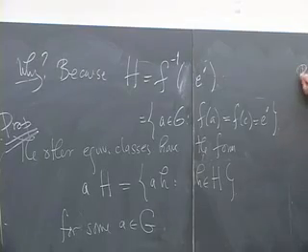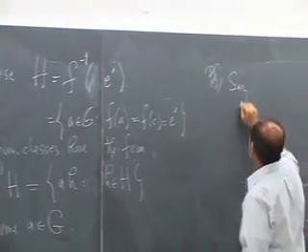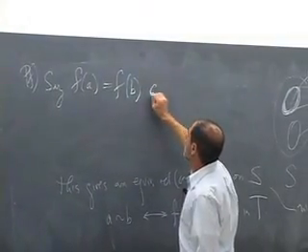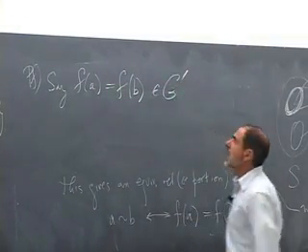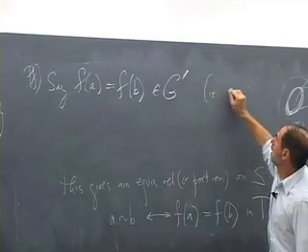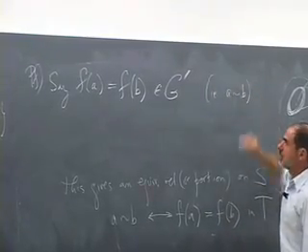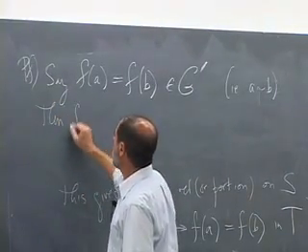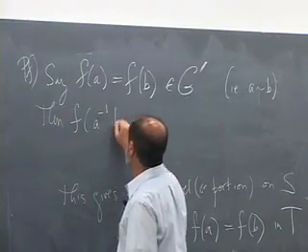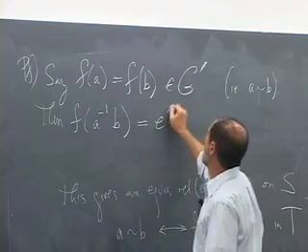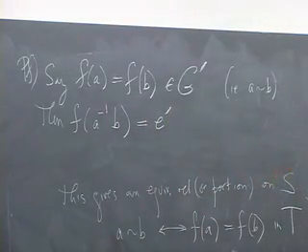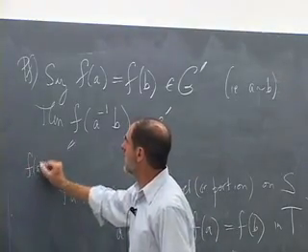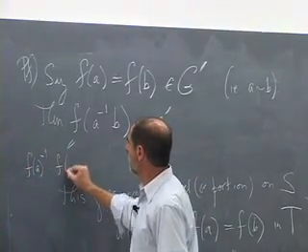Proof. Say f of a is equal to f of b in G prime, so that a is equivalent to b. Then f of a inverse b is equal to e prime, I claim, because this expression is the same as f of a inverse times f of b.